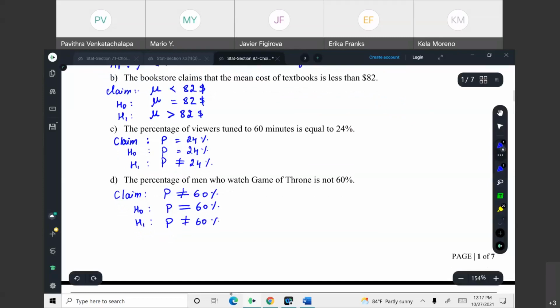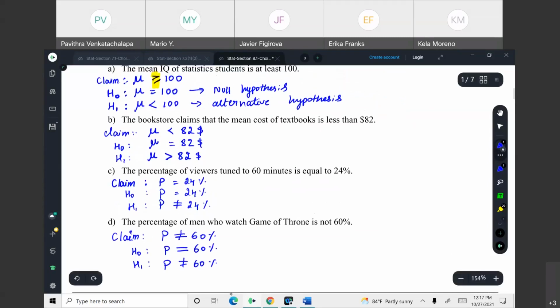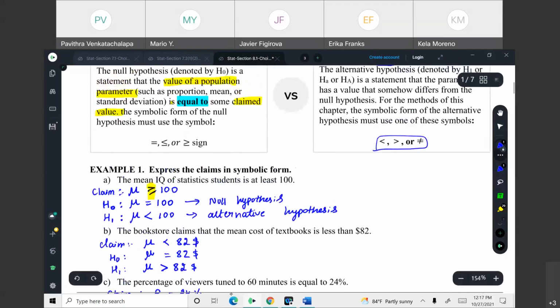So when we have this type of question, here the only exception is if your claim is greater than, we use alternative hypothesis as less than. If your claim is less than, we use alternative hypothesis as greater than.